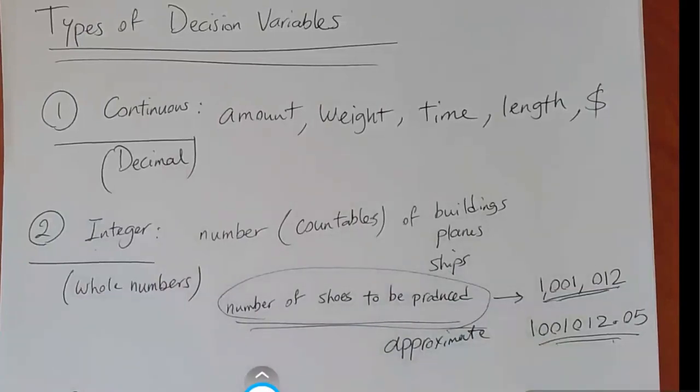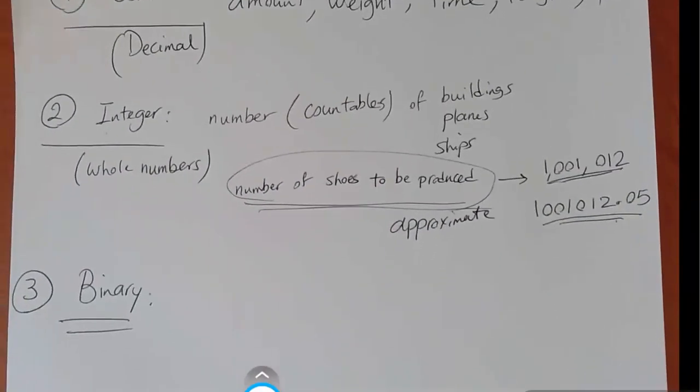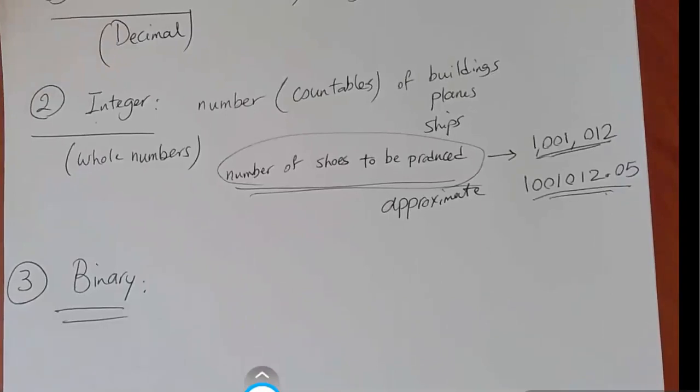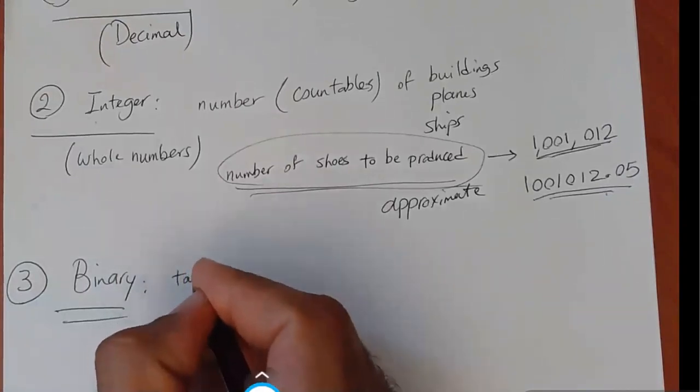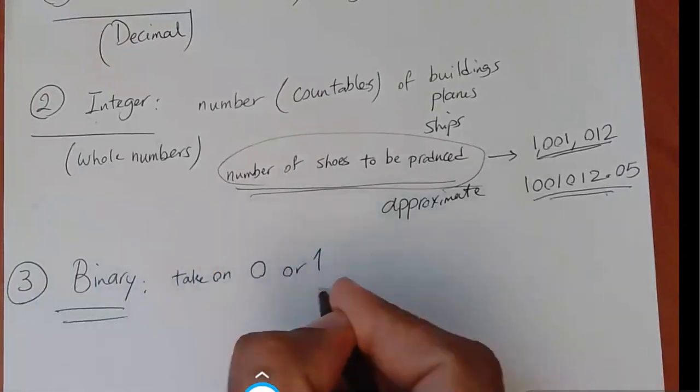There's another group. So there are 3 types of decision variables. The third group is called binary decision variables. Those are actually a subgroup of the integer variables, but with a minor difference. From a numerical perspective, the difference is that they can take on 0 or 1, only 0 or 1.